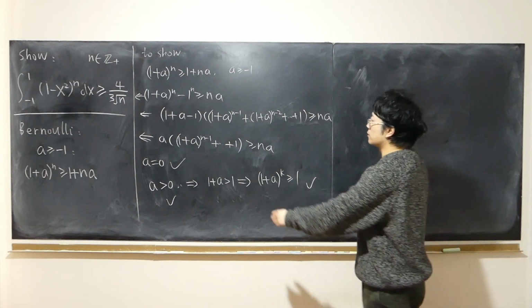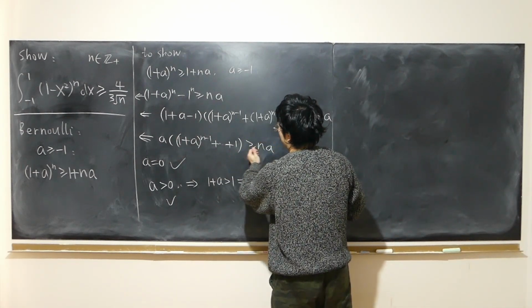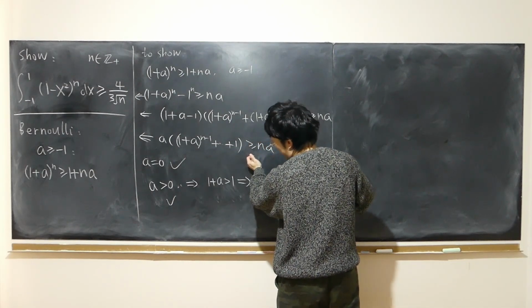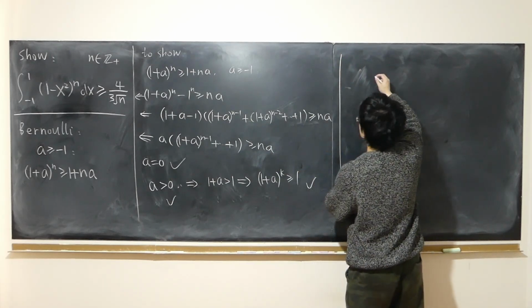Also because a is positive, this quantity is bigger than or equal to n times a on both sides. The inequality maintains the direction.